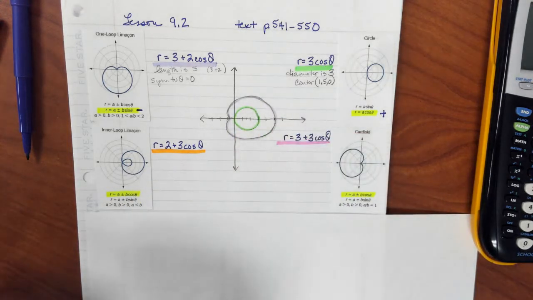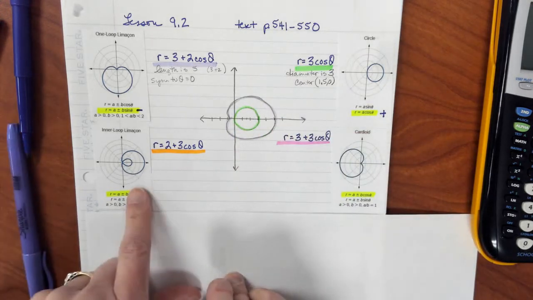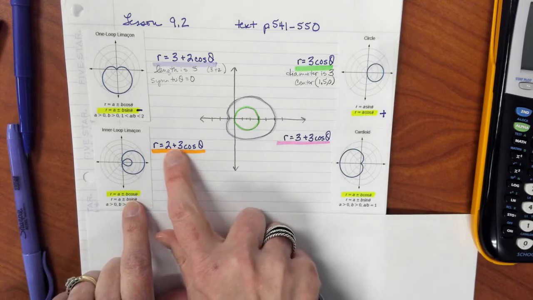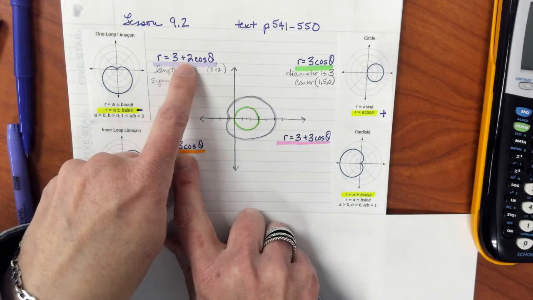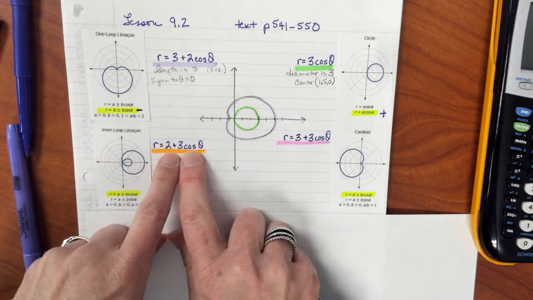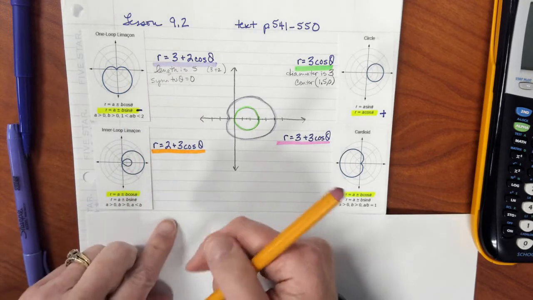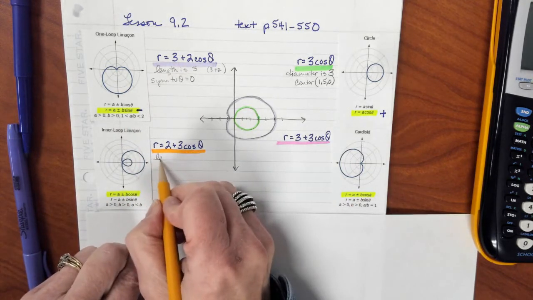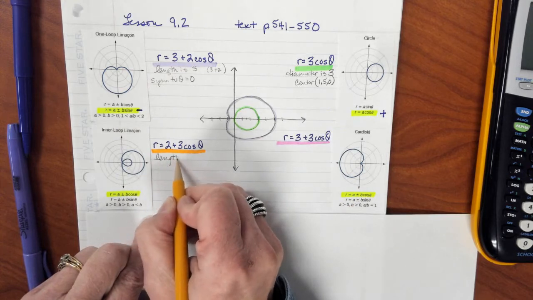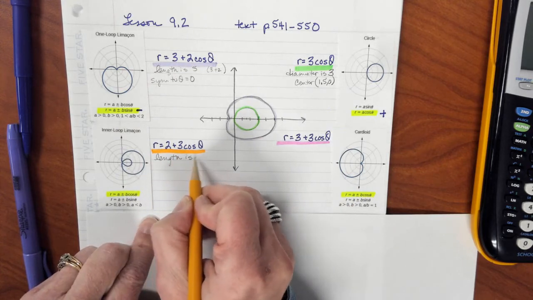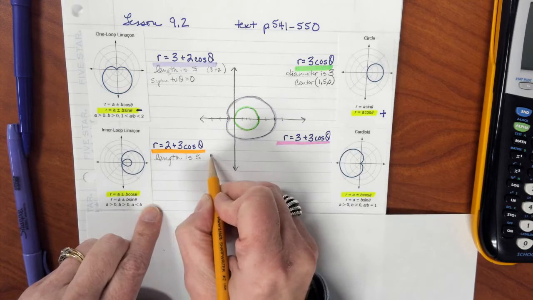All right. Let's do the inner loop one. If you notice, these numbers are reversed. I now have the larger number with the trig function. Okay? My length is still 5. I still have the 2 plus the 3.